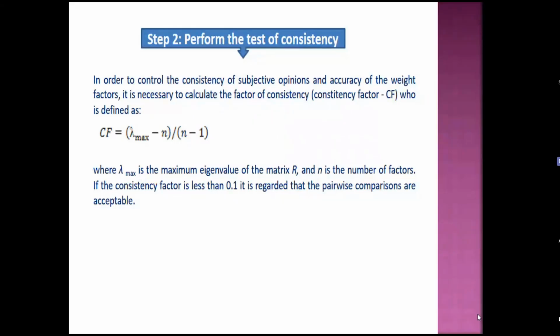In the previous lecture, you can see in the online video the whole procedure: we first take the sums in the matrix, then we divide each row by the total sum, then we take the means, then we measure lambda max, and then we calculate the consistency factor.